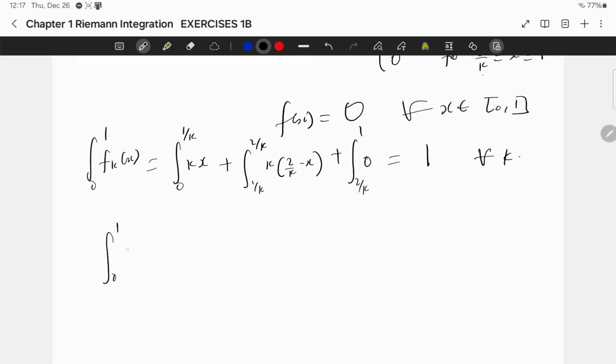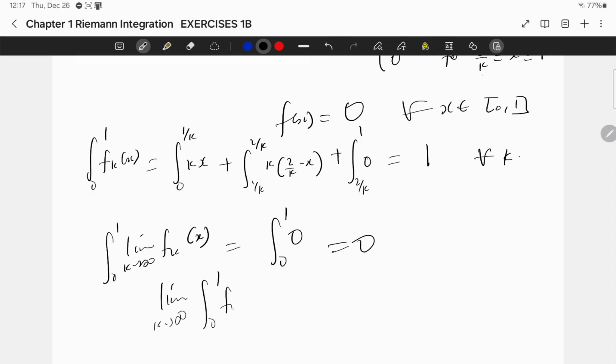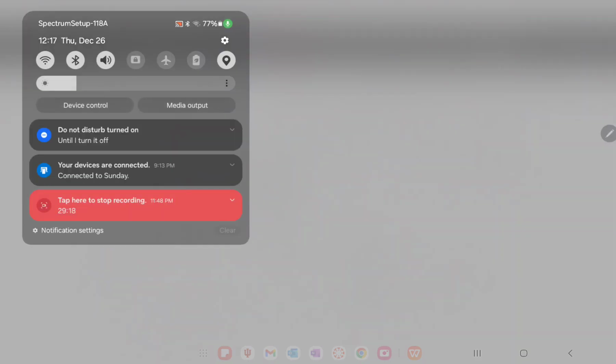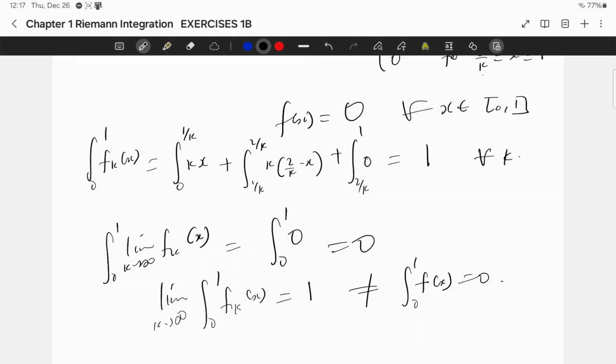Whereas the integral of the limit function is the integral of 0, because that's our limit function, and this equals 0. That implies that the limit as k tends to infinity of the integral from 0 to 1 of f_k of x, which equals 1, is not equal to the integral from 0 to 1 of f of x, which equals 0.